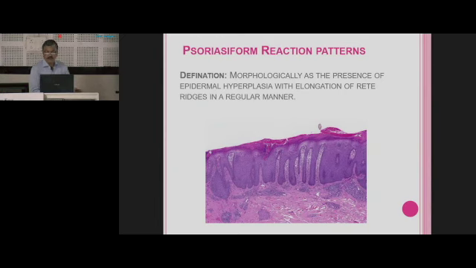This, coupled with a detailed stepwise analysis of findings beginning right from the top of the stratum corneum, helps us arrive at the right diagnosis.